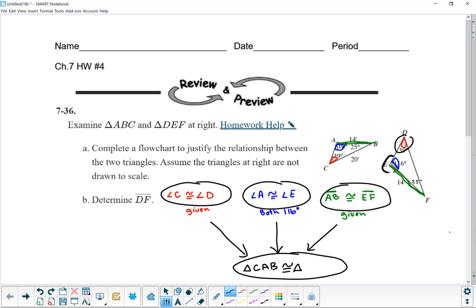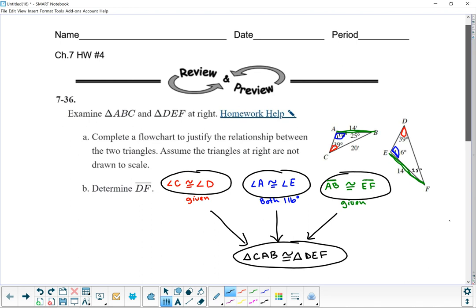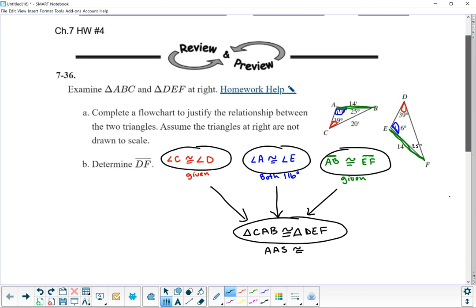Red, D, blue, E, and then the line F. So D, E, F. And the reason for this is because of angle-angle-side congruence. Sorry, I don't know what I'm talking about here. This is because of angle-angle-side congruence. Okay. And determine DF.